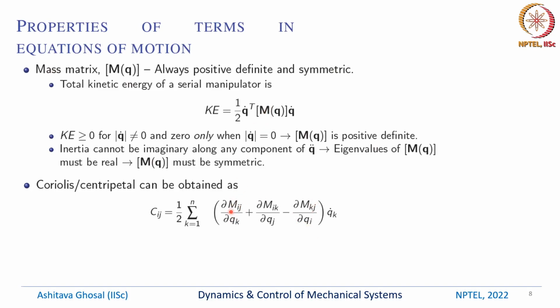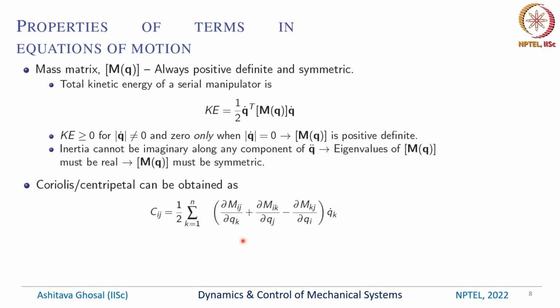So we take all these elements of the mass matrix and take appropriate partial derivatives with respect to the q's. Before you sum, you multiply by qk dot, and then you sum over k equals 1 through n, times half.